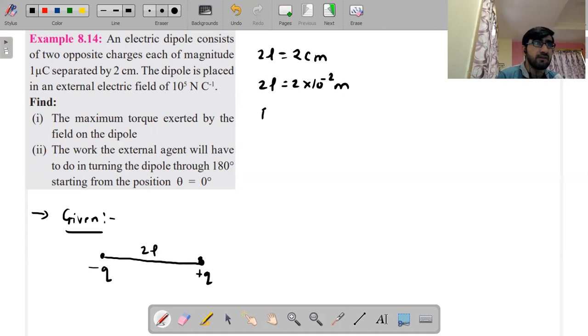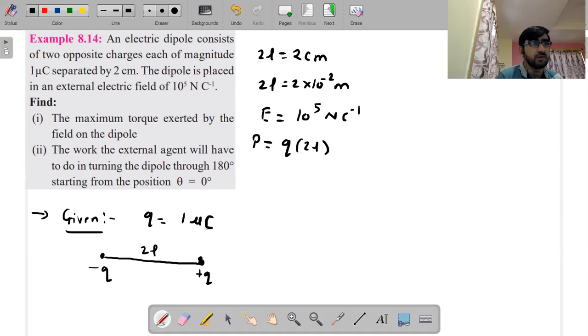Then electric field की value आपको दी है that is 10 power 5 Newton per coulomb and you can find out P, dipole moment. Dipole moment होता है Q into 2L. We know what is Q क्योंकि charge Q is 1 microcoulomb which is basically 10 power minus 6 coulomb.